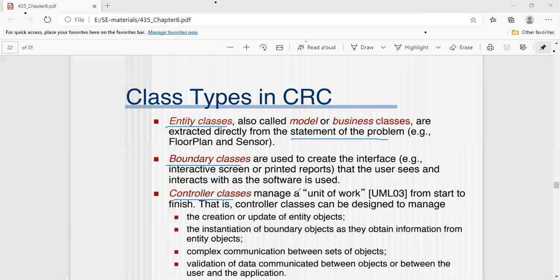If we see the second one, boundary classes. Boundary classes are used to create the interfaces that the user sees and interacts with the software.